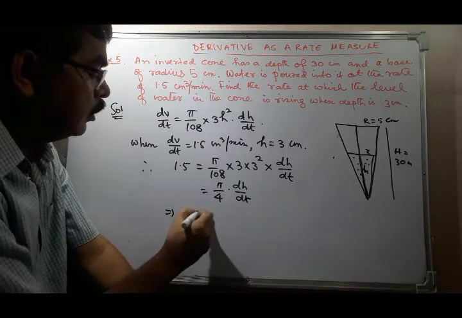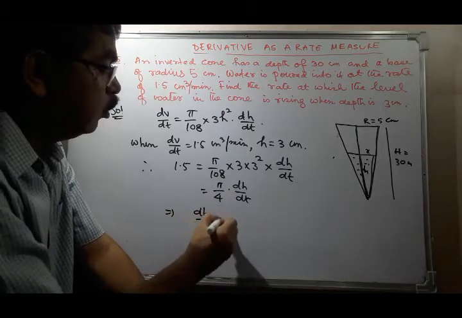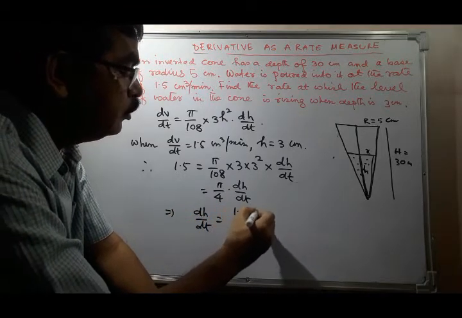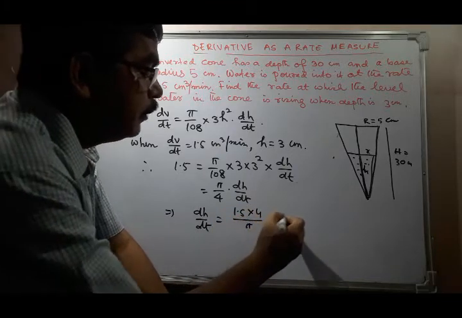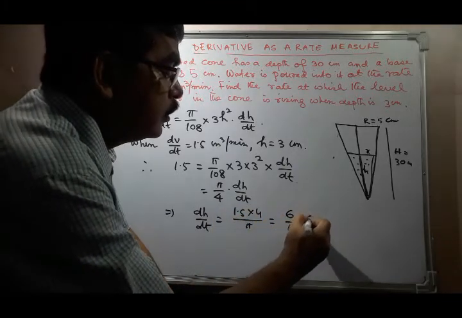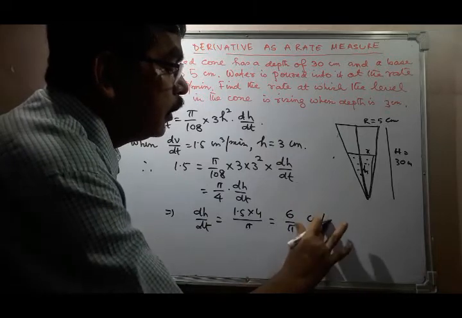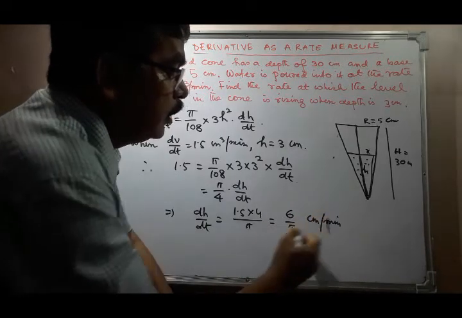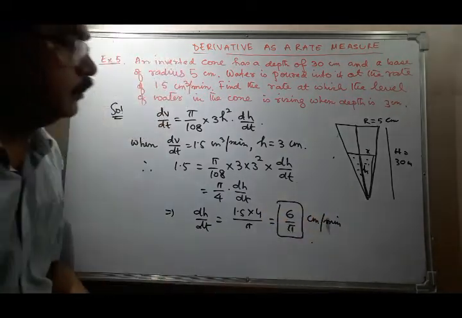Final answer, dh by dt equal to 1.5 into 4 divided by pi, that is 6 by pi centimeter per minute. So this is the answer.